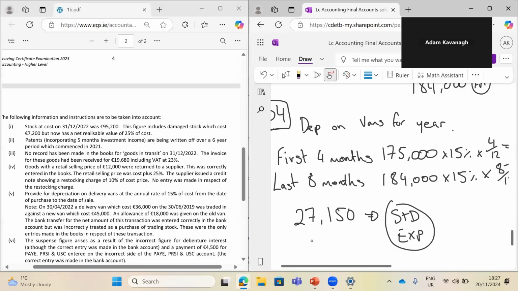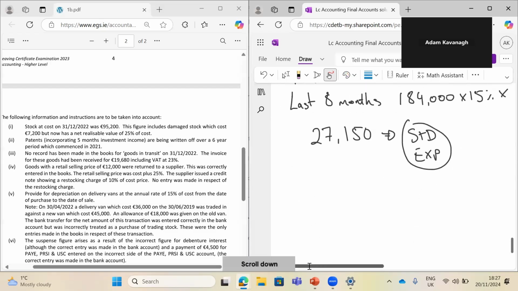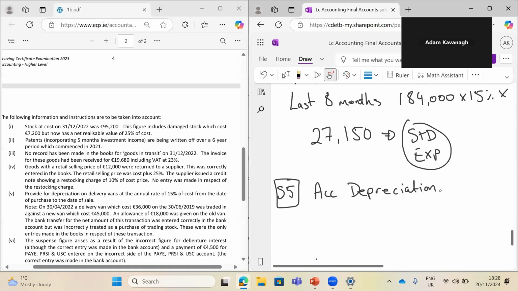Again, write it down and put a circle around it so it stands out when you go back to the adjustment. And then step number 5, there's only 2 steps left. This one here is the accumulated depreciation. So that's from the vans from when we bought them to now. Again, there's 3 things you have to consider here.